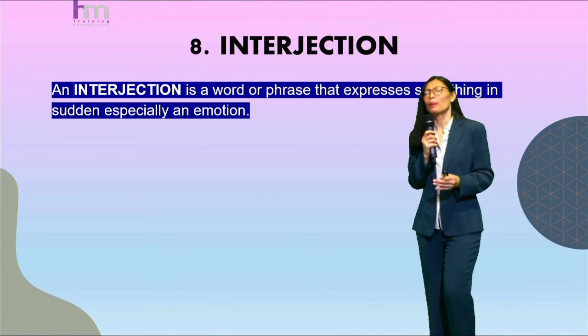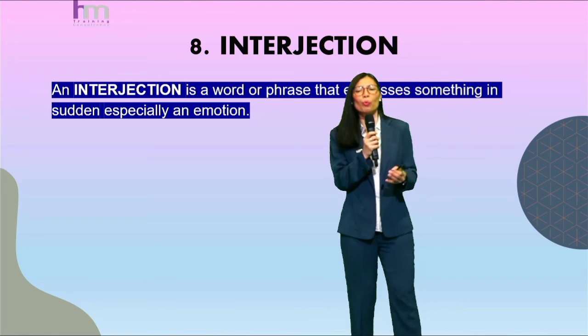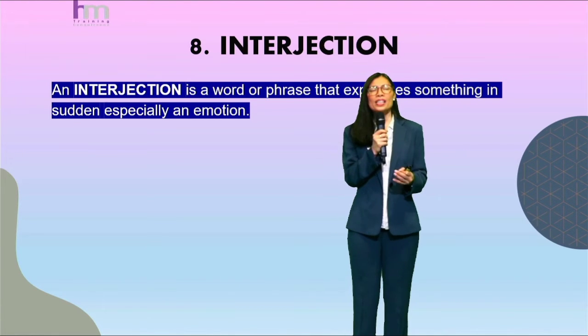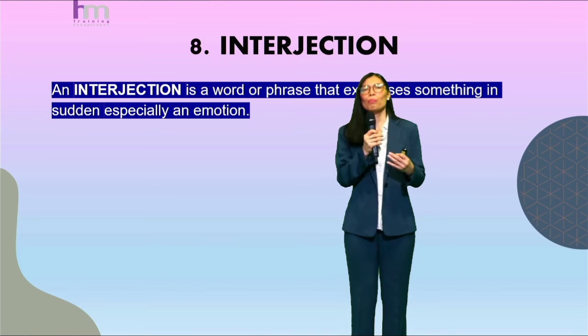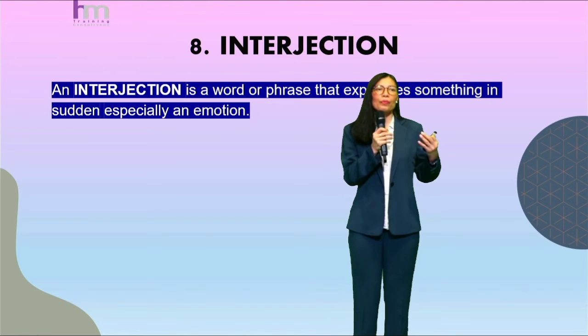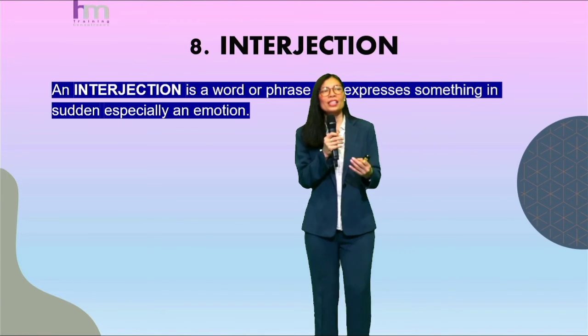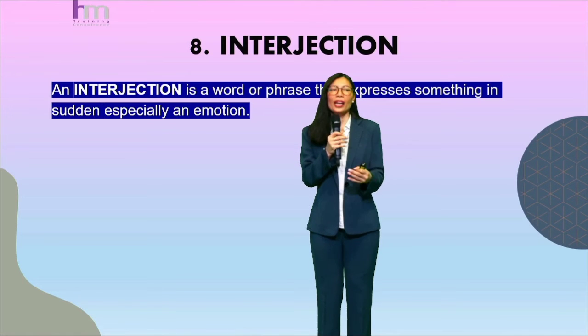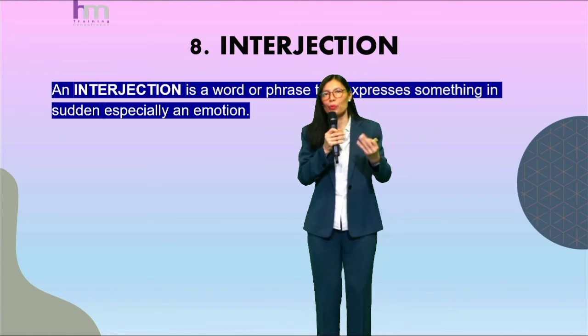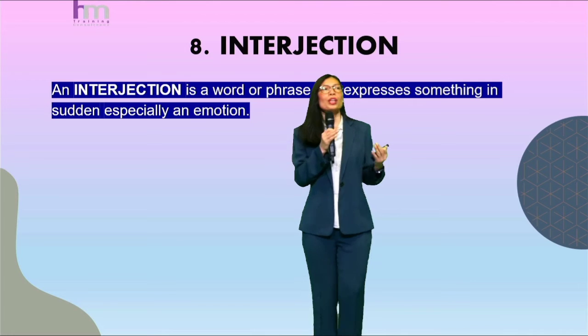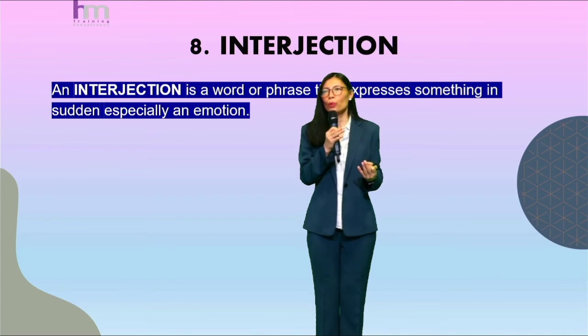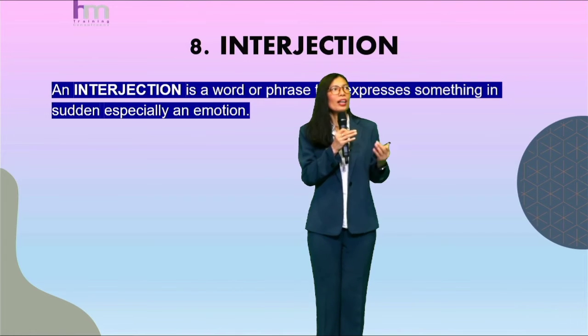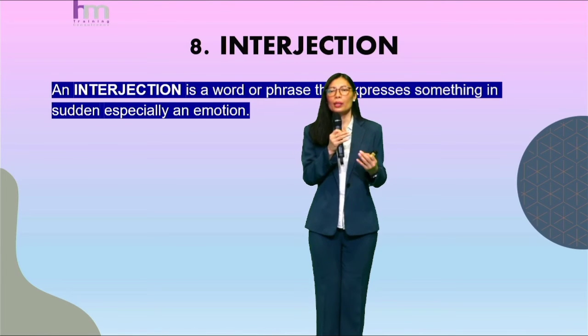Basically, an interjection is a word or phrase that you use when you have some kind of emotional feeling. When you're talking, you can show your emotion by using your arms and your face. But when you write, how do you show your emotion? You can't. So interjections are the words that show emotion.